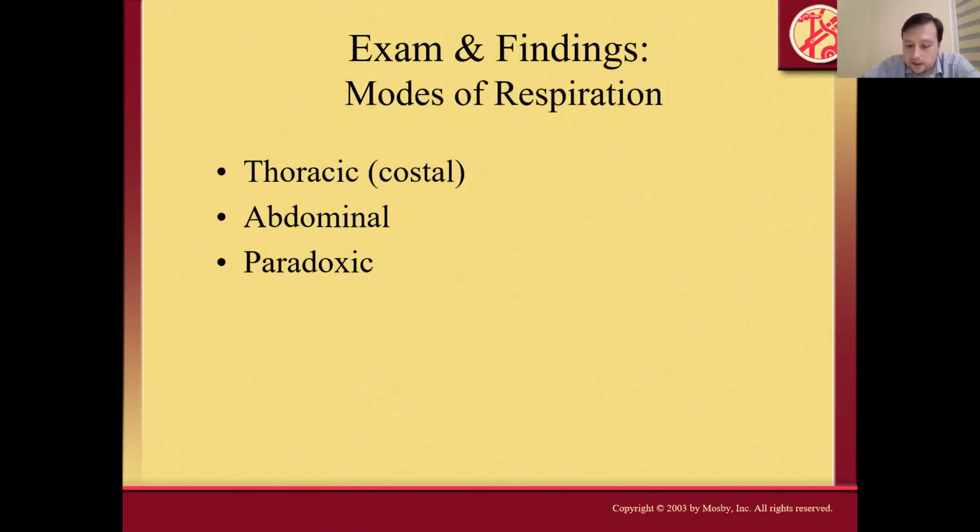If we divide by men and women, thoracic breathing is more common in women, and abdominal breathing more in men, but it can also be thoracic or abdominal in both men and women. Also, we have paradoxic type of breathing, which occurs in diseases.